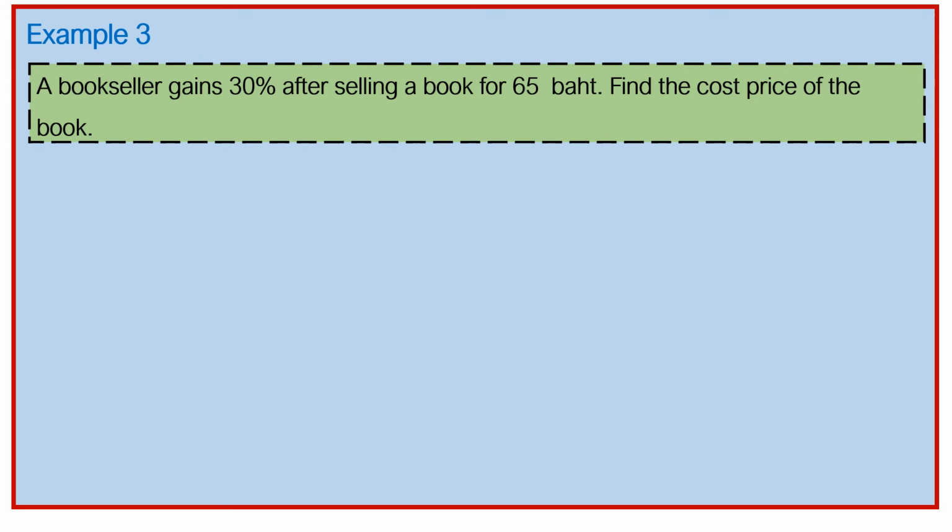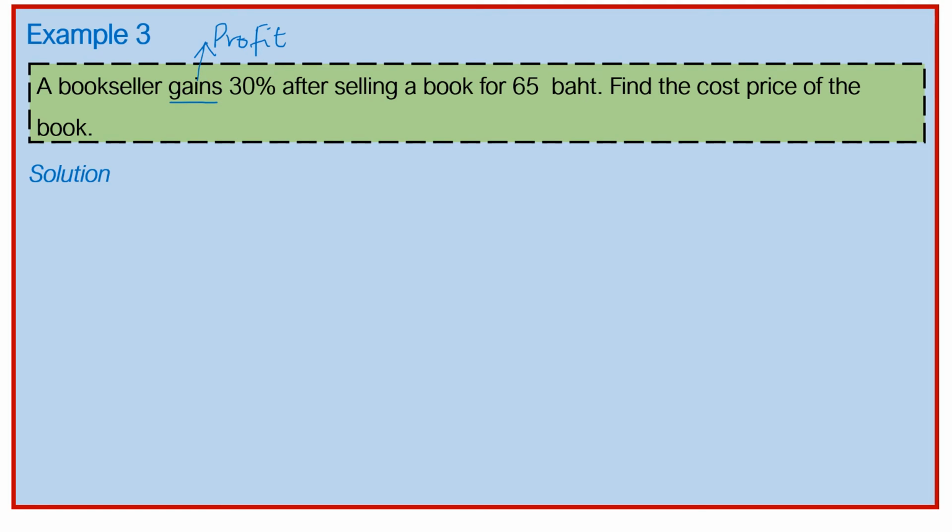Okay, let's get the solution, and we first write what we have. A bookseller gains. To gain means to get a profit. So gain is the same as profit. So a bookseller gains 30%.